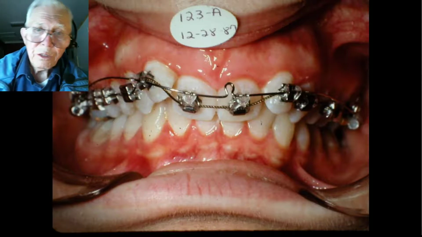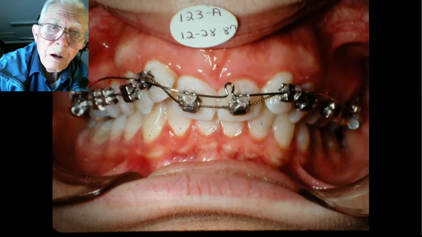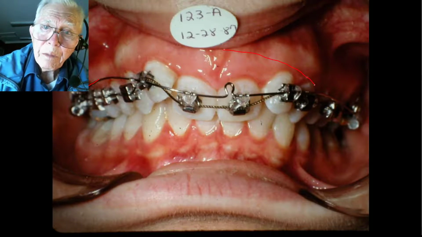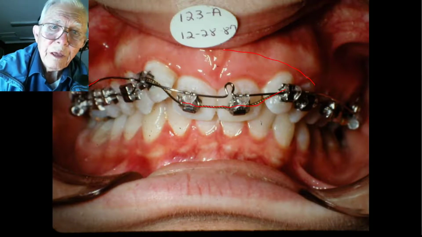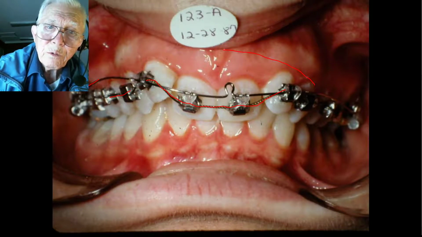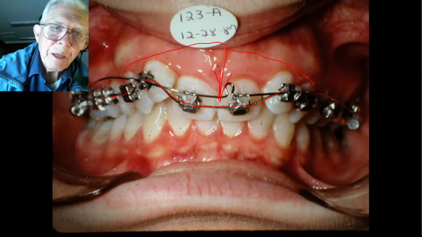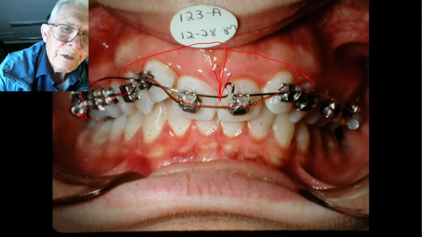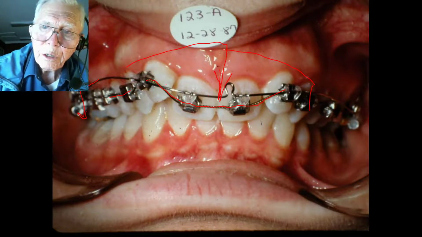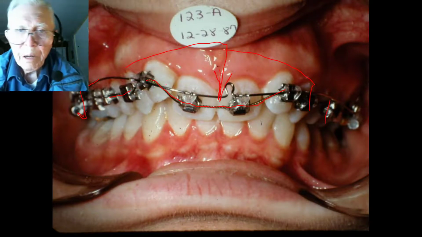And this big wire is up here. The other wire is just kind of helping out, lining the teeth up. But this wire here is pulling up in this direction right here. It also pushes down on these teeth back here, but the occlusion holds them in place.